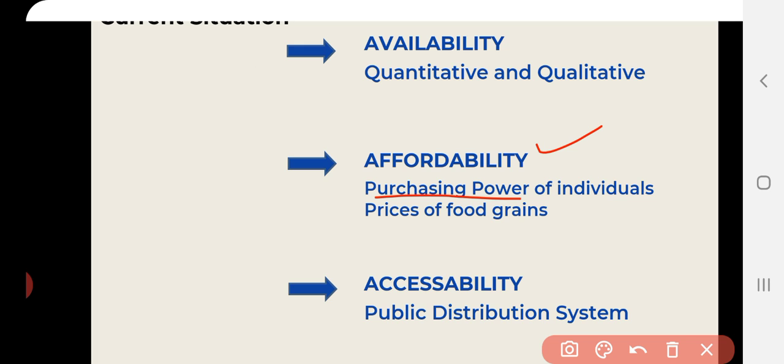The income level of the people in the country: whether all income groups of our country are in a position to purchase these food grains at the market price from the open market. If so, how much of the population is in a position to purchase it from the market? And prices of the food grains also affect the purchasing power of the individual.